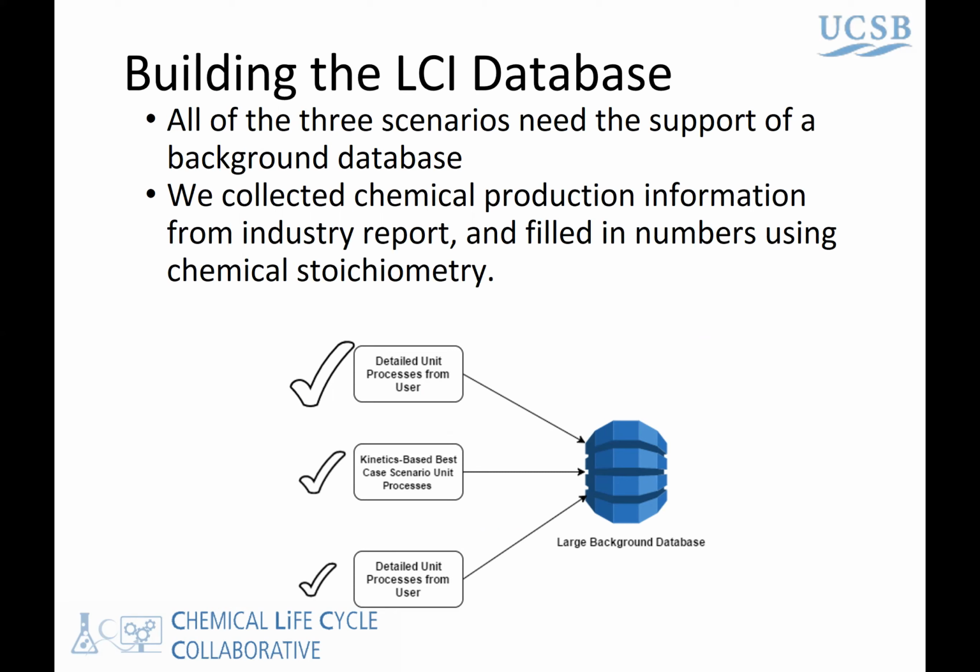Although the accuracy of the output from the ISI module decreases from the very top, when the user has detailed unit process information, and keeps decreasing until the bottom, where the user only knows the name of the chemical, this last one is the most inaccurate. But we have this nice feature in our database where we can utilize the user's input information the best, and we want to utilize the most from it.